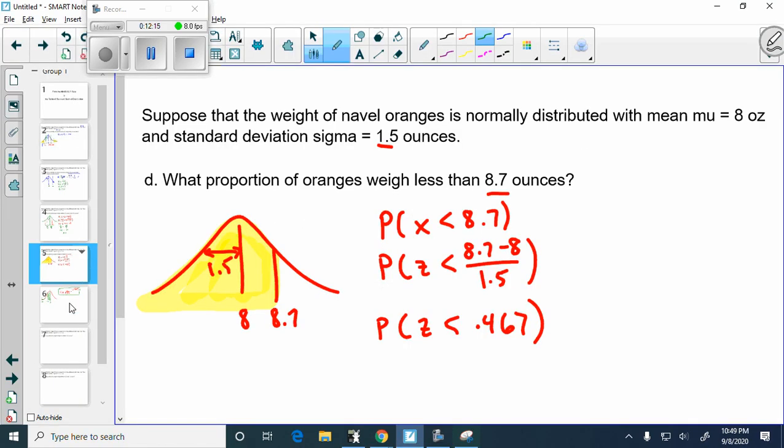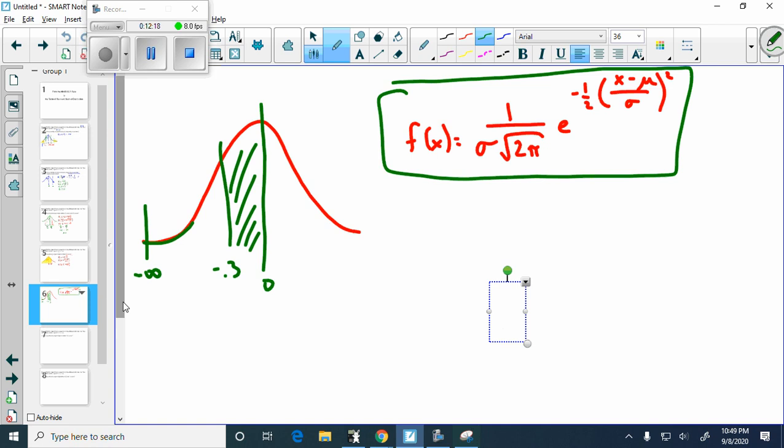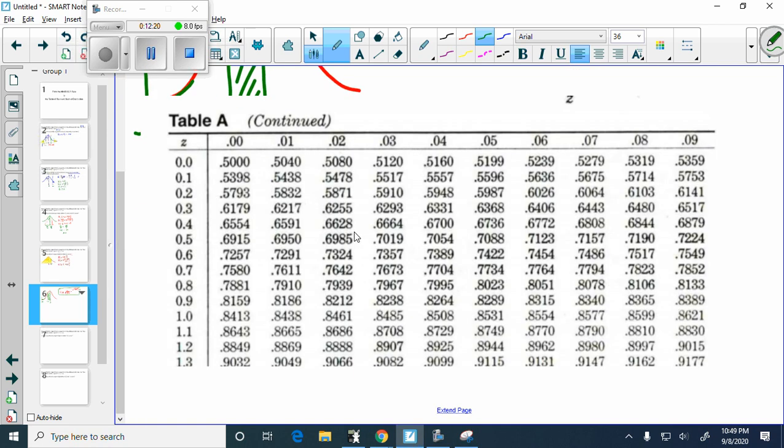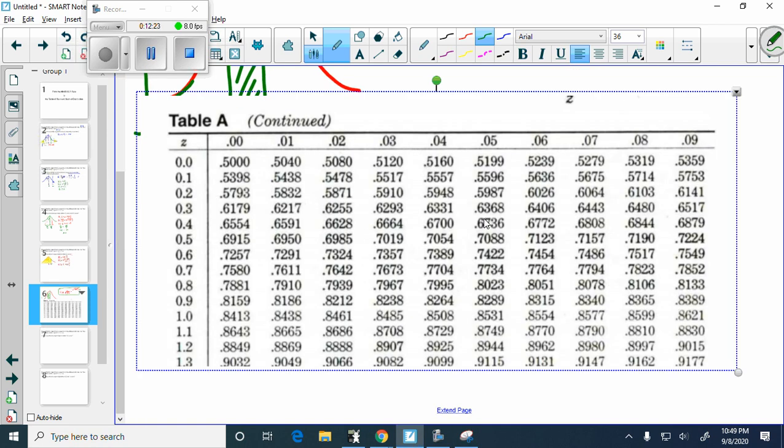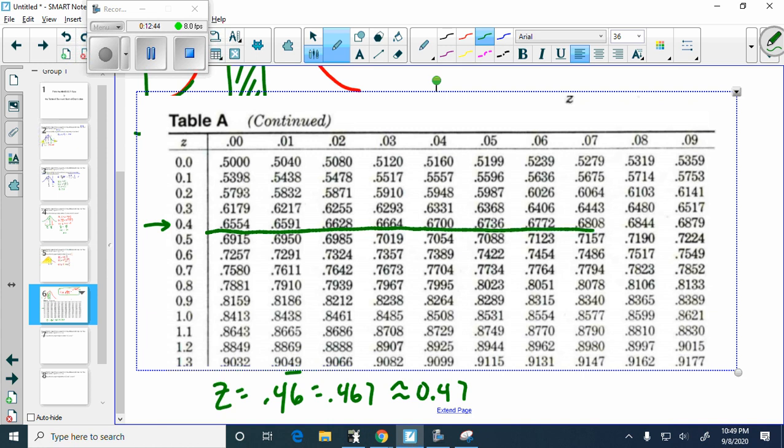All right, here's my table. And you'll remember my Z was 0.46 repeating, or 0.467, and we're just going to round it to 0.47. So that means the lead number here is a 0. So I'm going to look on this row, 0.4, and I'm going to go over here until I get to the 7. So it's where those two things intersect, and I got 0.6808.